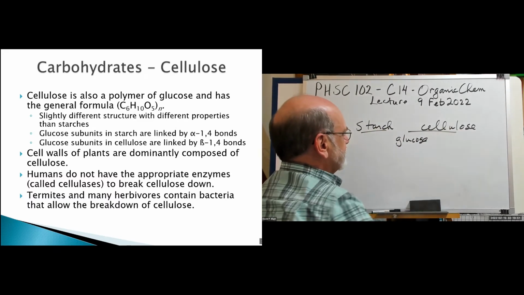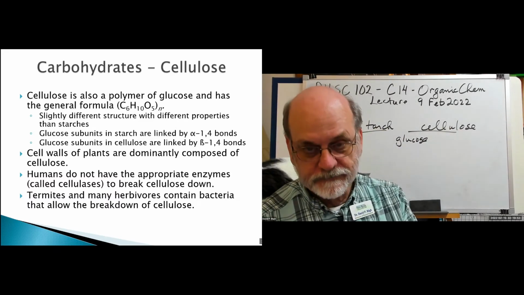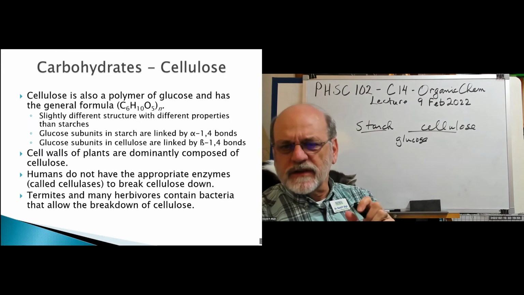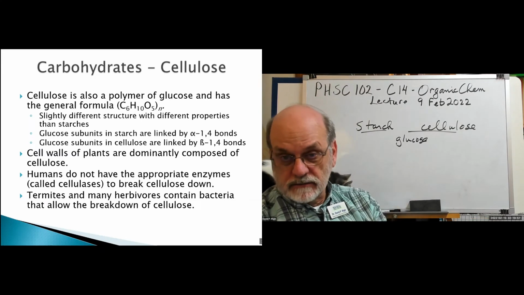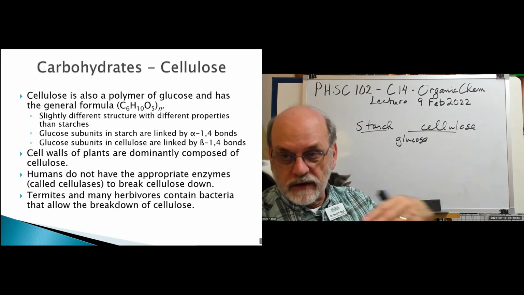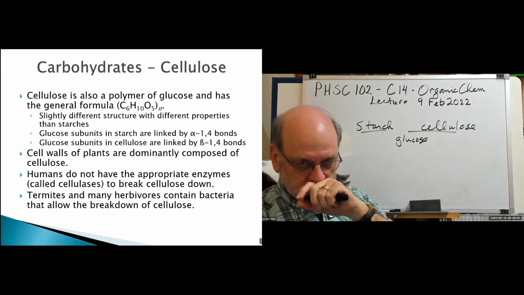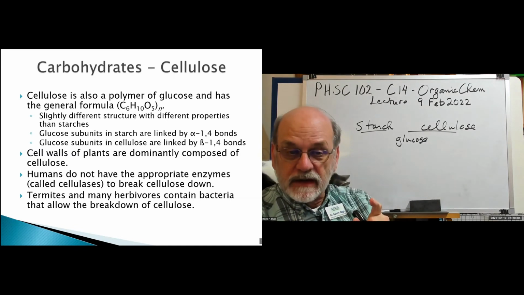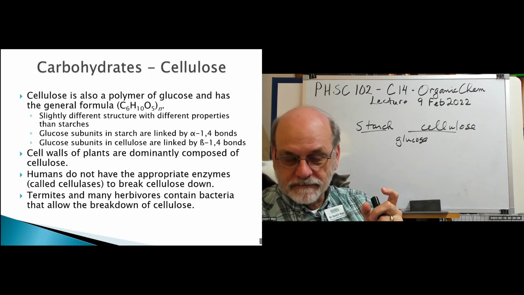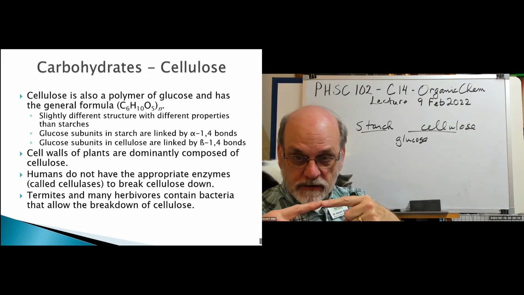Okay, so what's the difference? Well, one of the differences is the number of subunits. Right? How many units are there in that molecule? The other is, how are they bonded together?